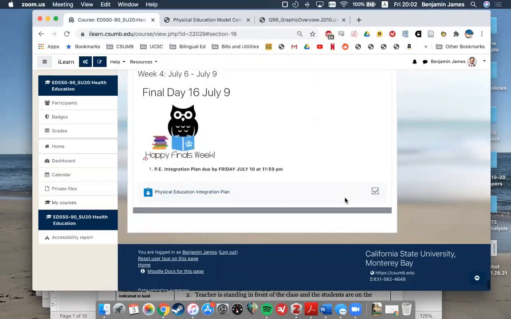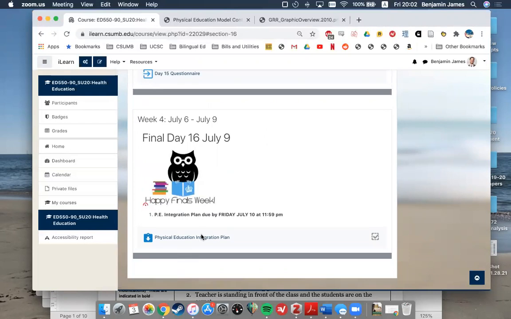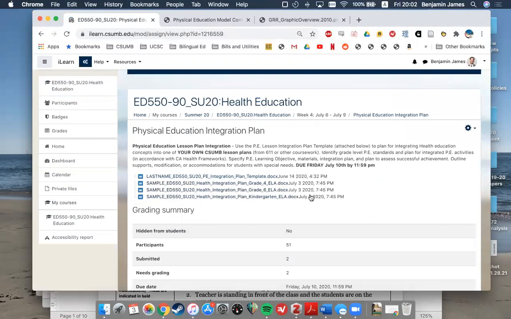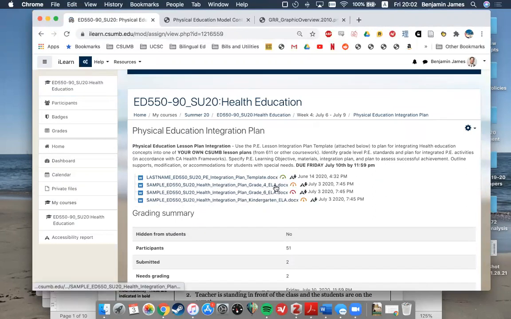So going down to day 16 in the physical education integration plan link, I included these samples here. There's a kindergarten, a grade 4, and then a grade 6 ELA plan. I've removed the students' names. They've all given me permission. I've chosen these lesson plans mostly because they're very good, but they're not perfect, right?